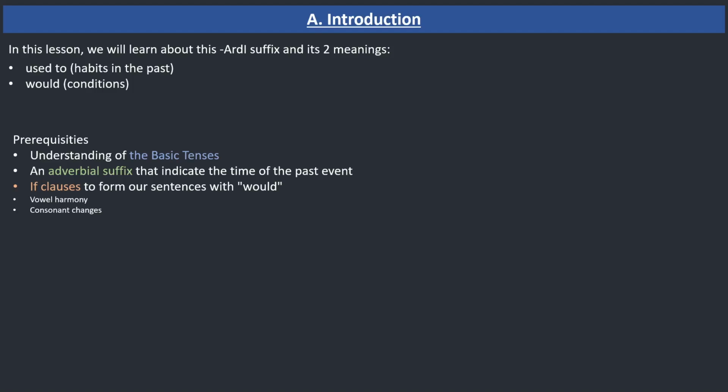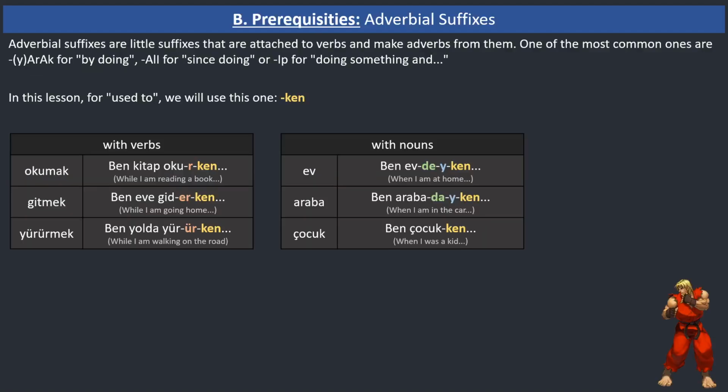That's one of the essential rules when you make a Turkish sentence. It's always needed, but I will not go over the very basic stuff. And there's also this important suffix. Just ignore the description for now. It's just reminding you about the adverbial suffixes. For now, focus on this "used to" meaning, and we need ken for it.